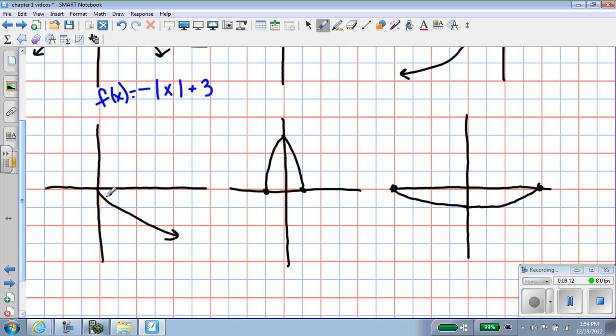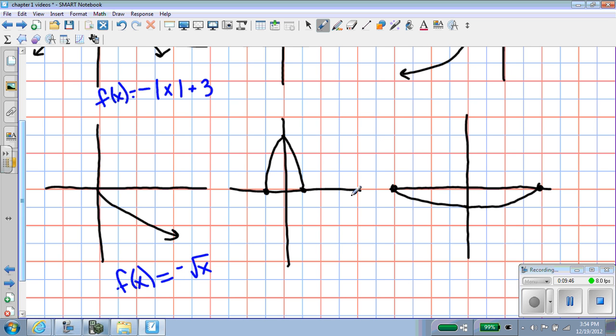This is our square root graph, but it is reflected over the x-axis. So this is negative square root of x. I think I probably drew it a little too steep, but let's assume that that's it. Although these two look like parabolas, these are actually examples, since they don't continue, there are no arrows, they're stopping.